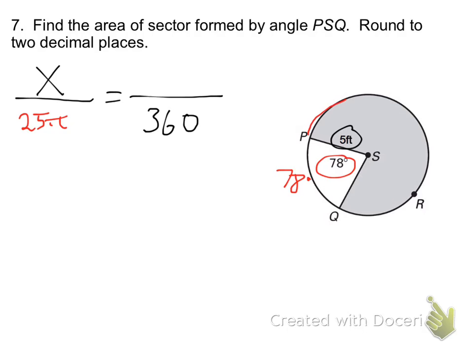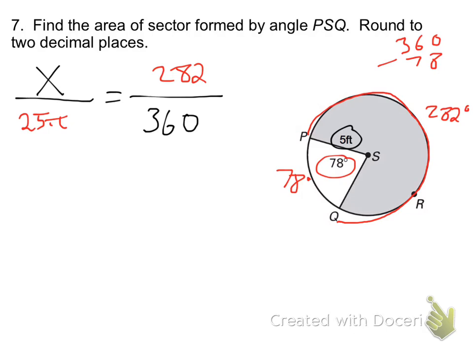But I'm looking for this because I'm trying to find the area of the sector, the shaded one. So I do 360 minus 78, and when I do this, I'm not even going to use a calculator just to be sure. I get 282. And that is the degree measure of my arc.